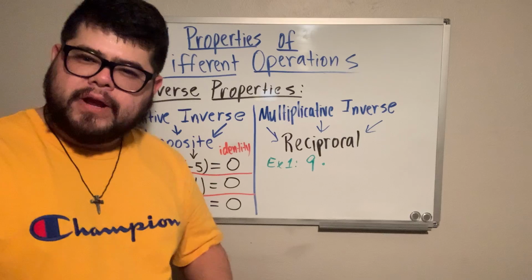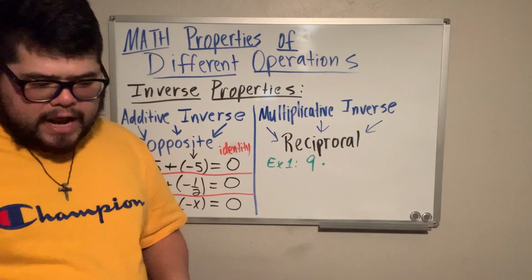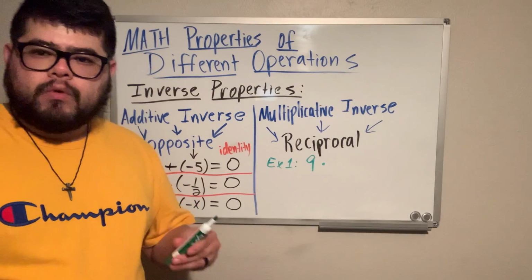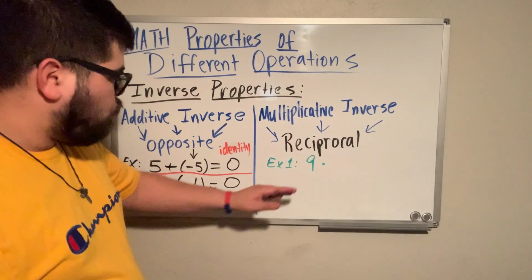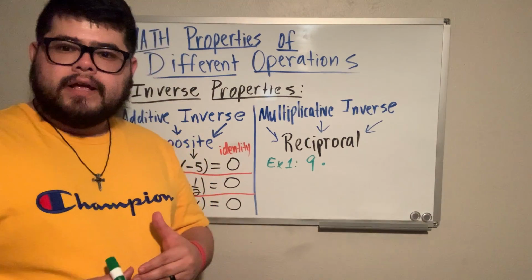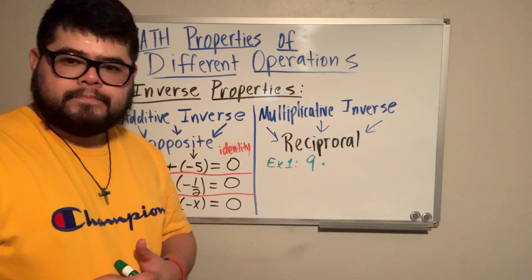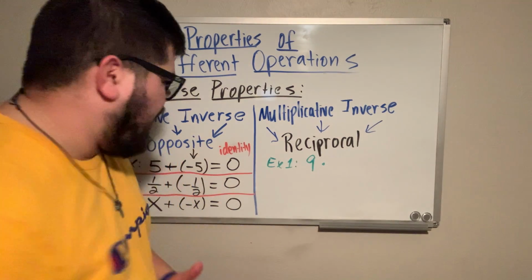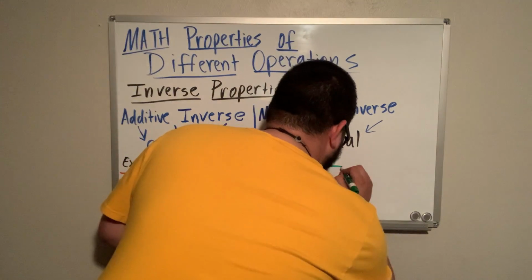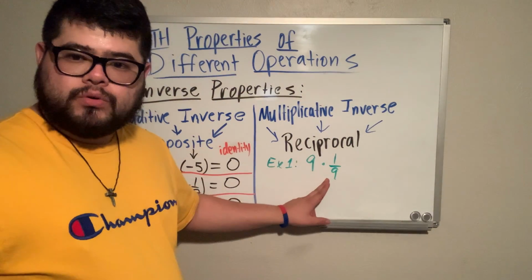We got to remember that 9 is a rational number. Remember, 9 is 9 over 1, and we can turn 9 over 1 into 1 over 9, right? And so 1 over 9 is our reciprocal.